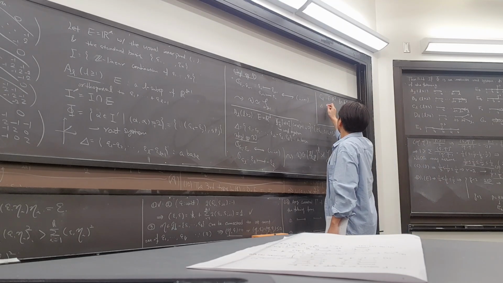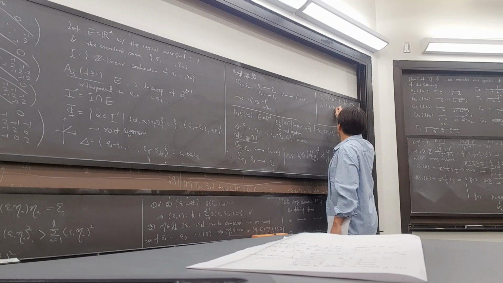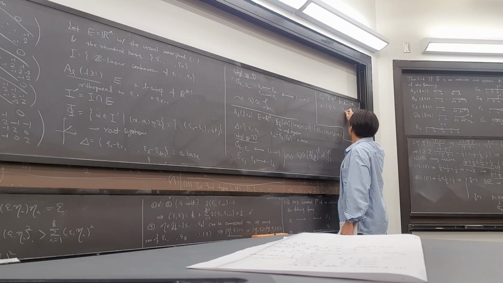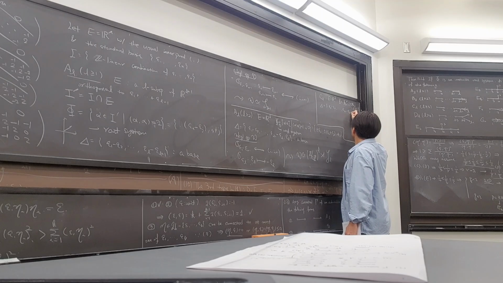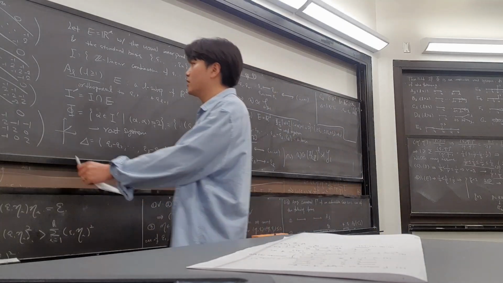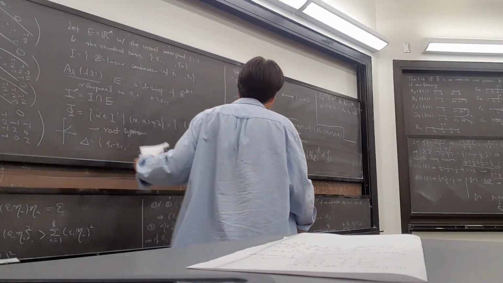Then Delta is epsilon_1 minus epsilon_2 up to epsilon_{l-1} minus epsilon_l and 2 epsilon_l. And we can check the Cartan matrix of Delta is easy.